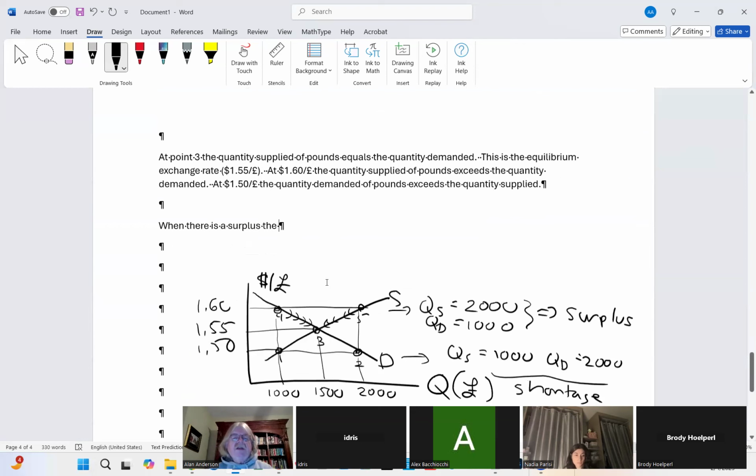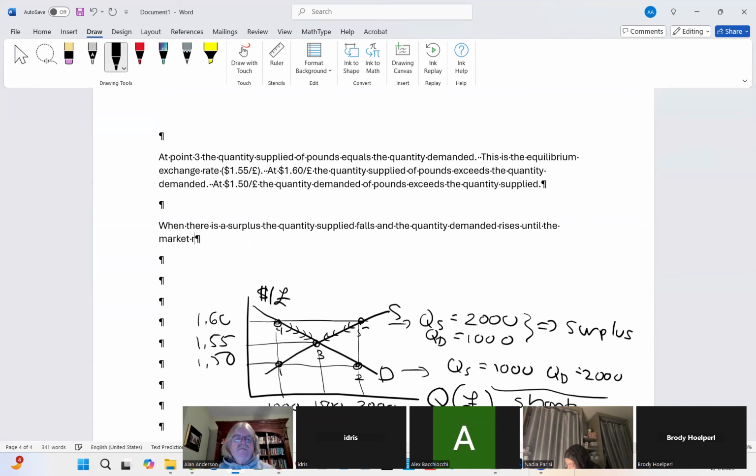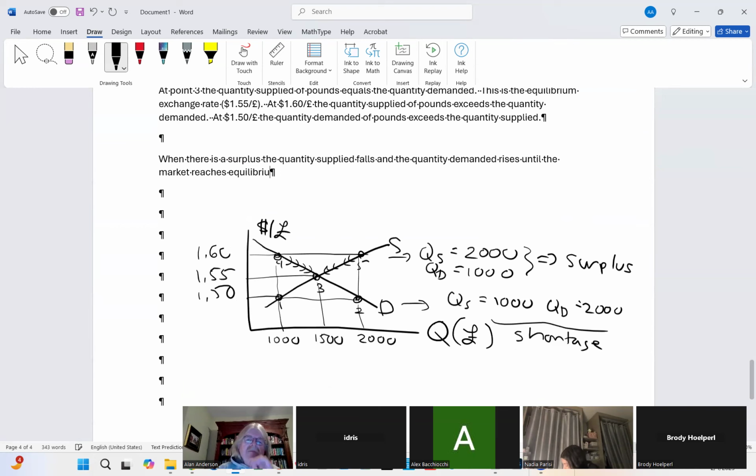So anyway, as I started to say, when there's a surplus, the quantity supplied falls and the quantity demanded rises until the market reaches equilibrium. This happens automatically. The market participants are well aware of this situation.